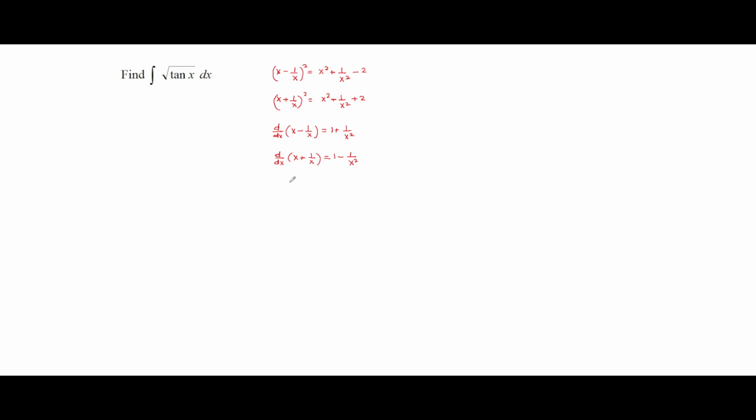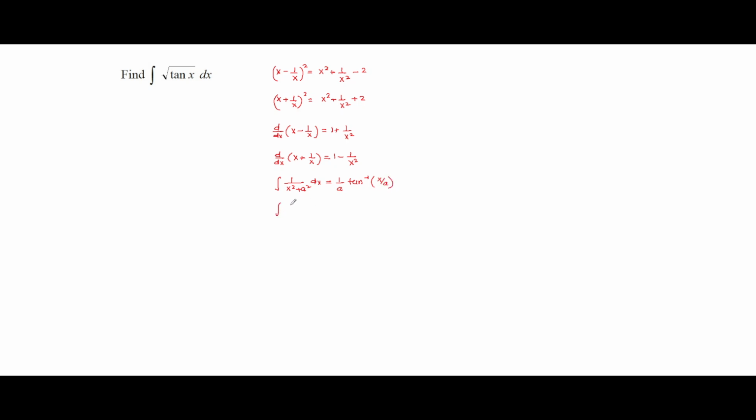And then the formulas for the integral of 1 over x square plus a square, and 1 over x square minus a square. So if we have the integration of 1 over x square plus a square, the formula is 1 over a tangent inverse x over a.